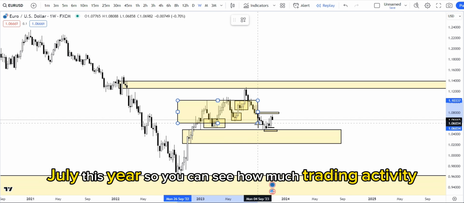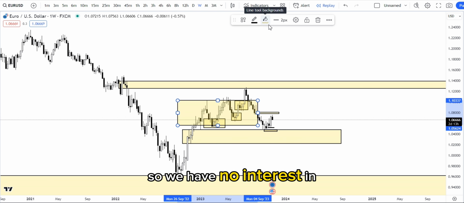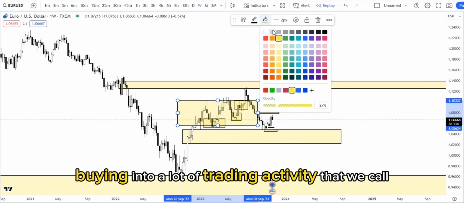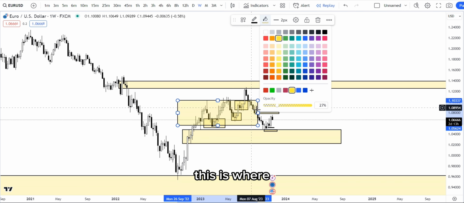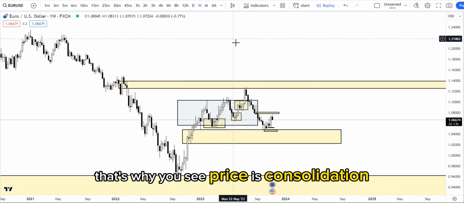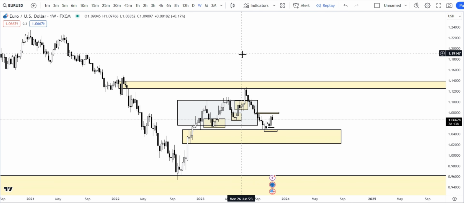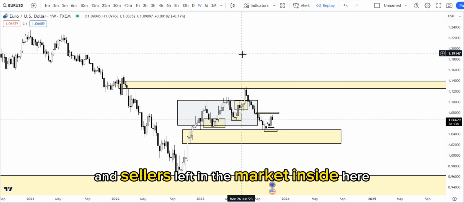So we have no interest in buying into a lot of trading activity, which we call fair value. This is where buyers and sellers agree on a certain price. That's why you see price consolidating, and there are not a lot of buyers and sellers left in the market inside here.